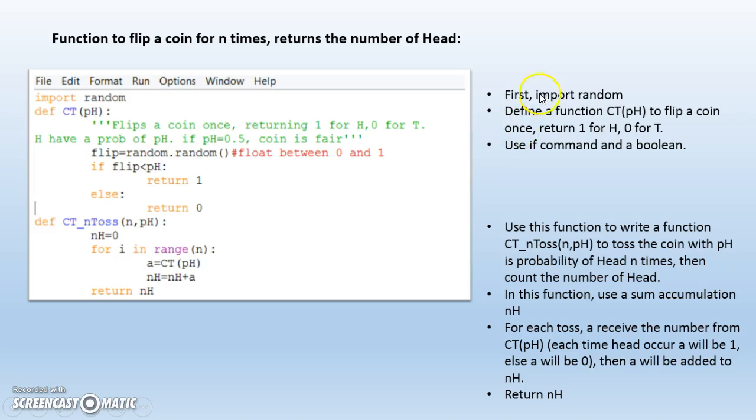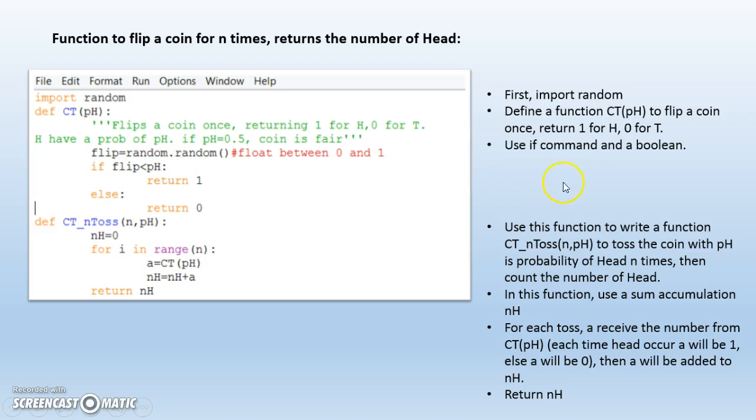The first thing to do is import random, and then we define the function ctph to flip a coin. The function ctph will receive ph as the parameter, which means the probability of head occurring. This function will return 1 for head and 0 for tail.